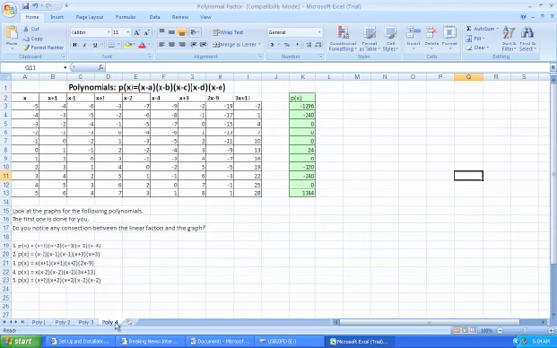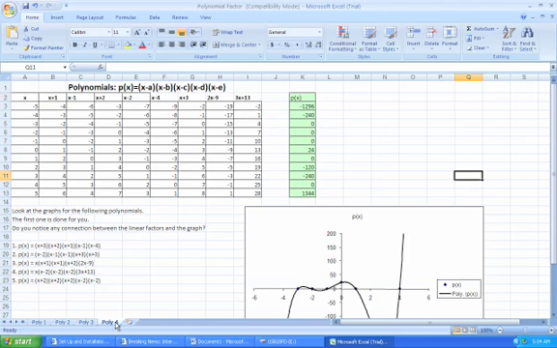And then be sure that you go on to the Polynomial 4 tab, and you'll notice there we've got even more factors, and in some of these, some of them are repeated more than once. And you'll want to note what happens when one shows up 3 times or when one shows up twice.